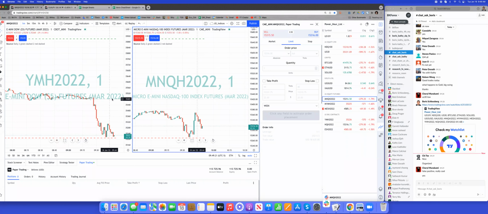Okay, watching, as I said, it looks like they were going to try to test the 200, which is a very, very common pattern. Sometimes they break the 200 and find a lower double bottom, which is also very, very common. So we'll play that out.